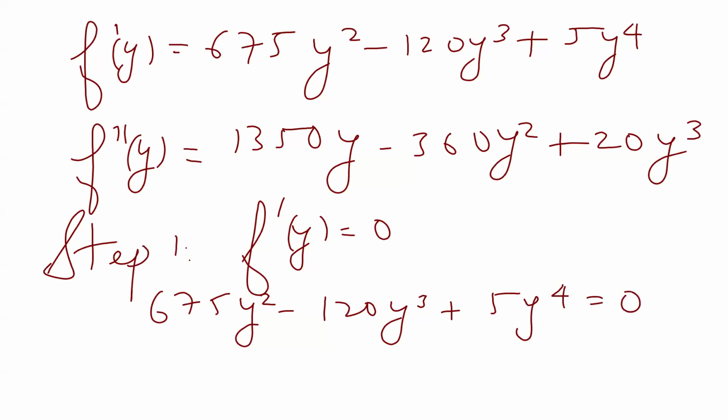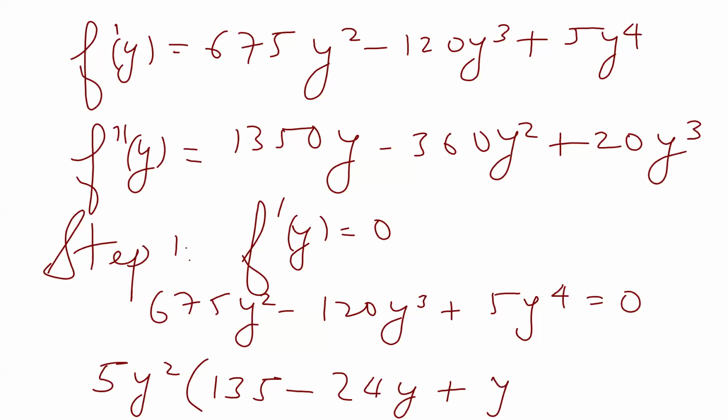One thing for certain, y square is common for all the three terms. So 675 divided by 5, 135, minus 120 divided by 5, 24y, plus y square equal to 0.